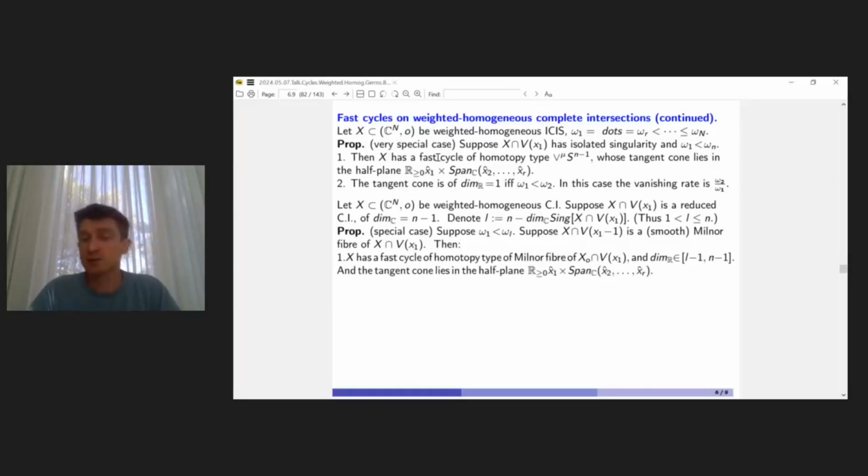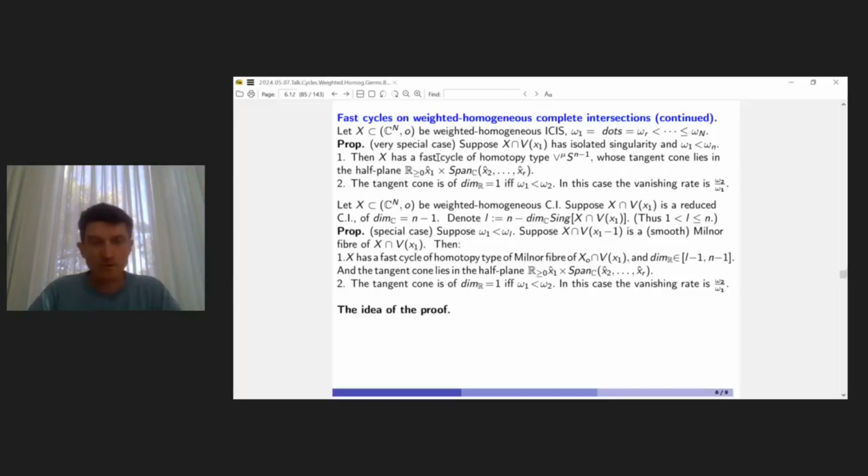And the tangent cone will still lie in this same half plane. This gives you a little bit of control. And still the tangent cone will be of real dimension 1 if and only if the two lowest weights differ. And once again, the vanishing rate here is just the ratio of the lowest weights. So this is the little generalization, and still this is a special case.